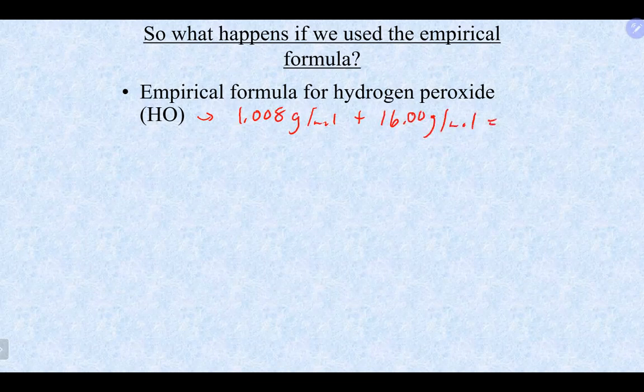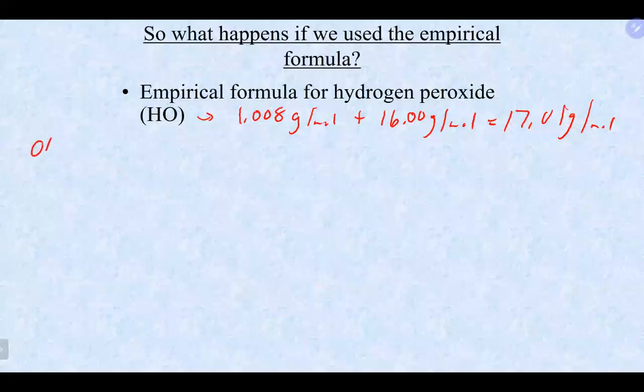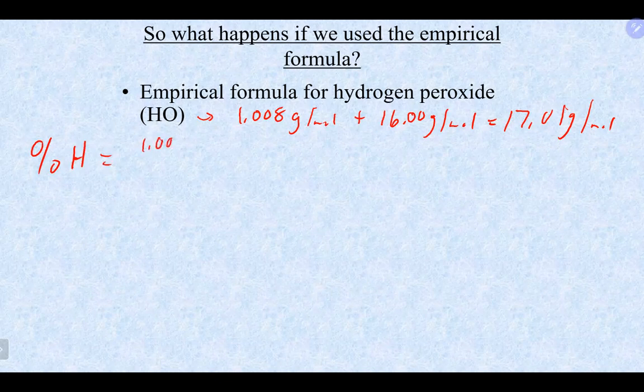That gives us a molar mass for our empirical formula of 17.01. So to calculate the percentage of hydrogen, we would take just the one hydrogen in this formula and divide it by 17.01 grams per mole times 100%.